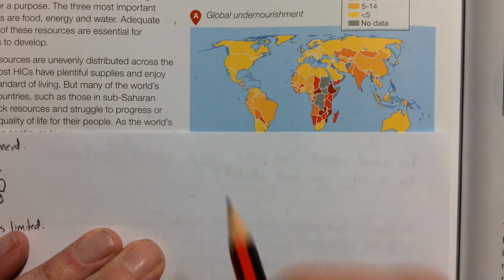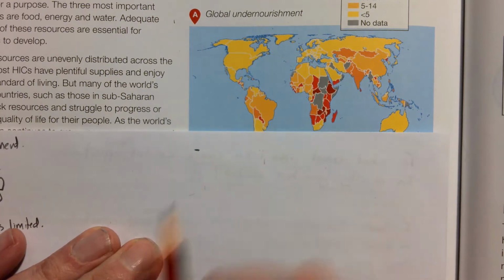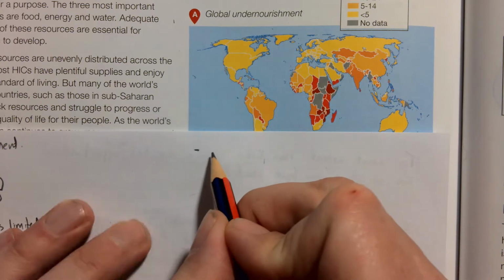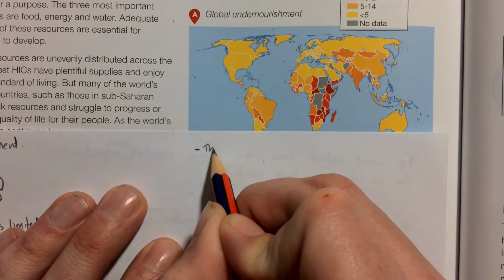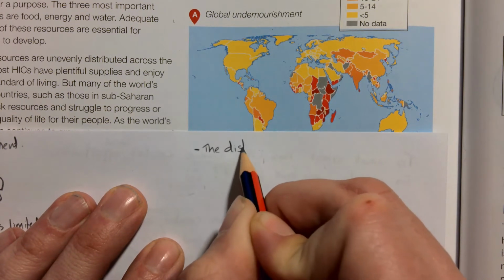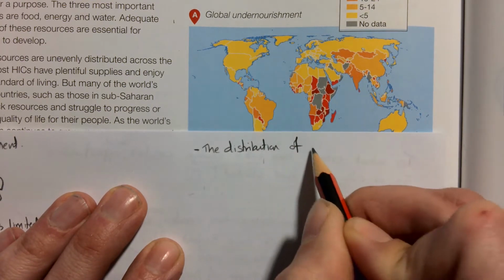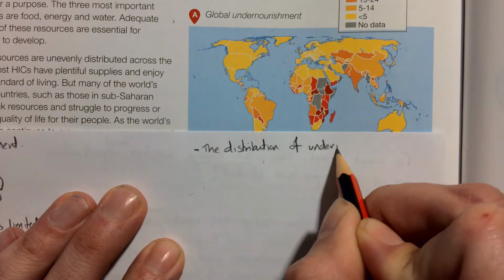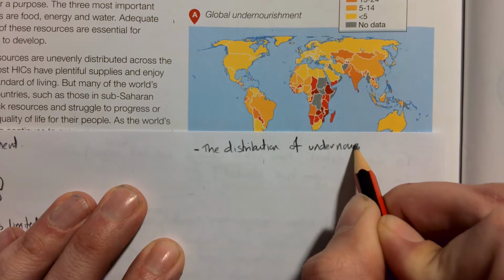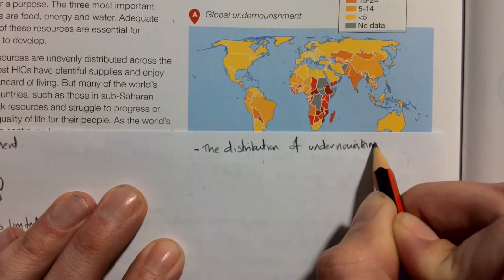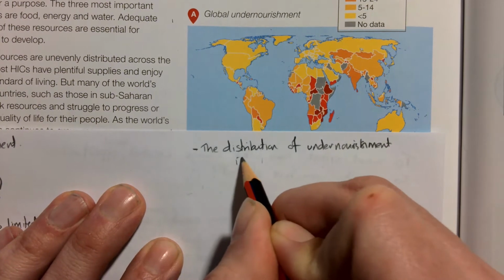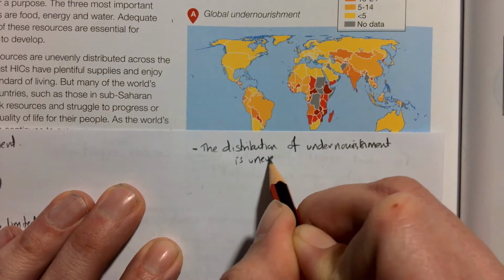So we want to start off with an overall statement about the headline pattern. And that is going to be that the distribution of undernourishment is uneven.